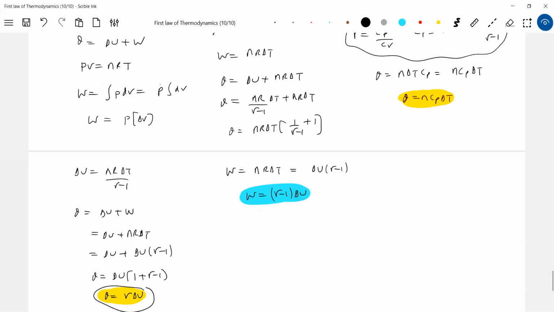See this. Okay, Q and delta U, we got it. W in terms of delta U, Q in terms of change in temperature. Q in terms of W, I want. Delta U, what you can write it as? Q by gamma.